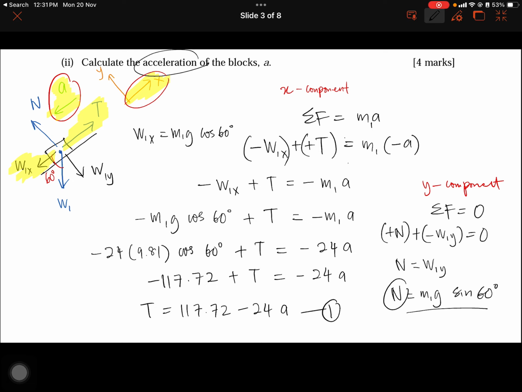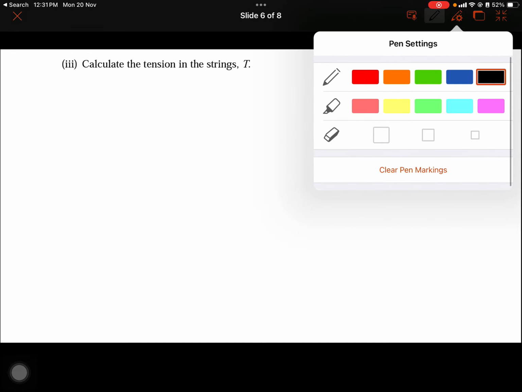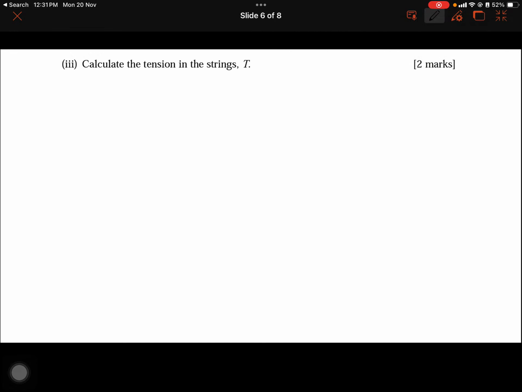So now let's proceed to the last question, which is calculating the tension in the string. Definitely you can use either equation 1 or equation 2. So let's choose the first equation, which is T is equal to 117.72 minus 24a.